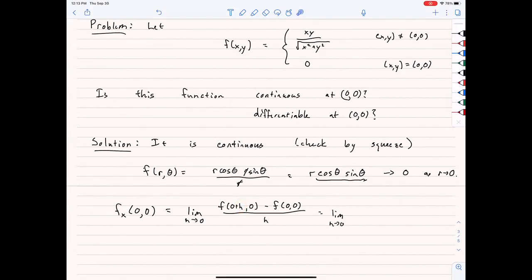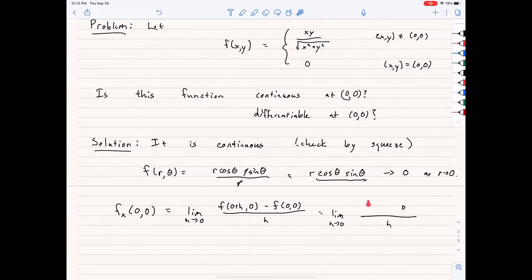Now, what is f of 0? By definition, it's 0. So here, this is 0. What is f of 0 plus h? Well, h is non-zero. We're taking the limit as h approaches 0. So this whole thing is non-zero, so we just get this expression with h for x and 0 for y in it.